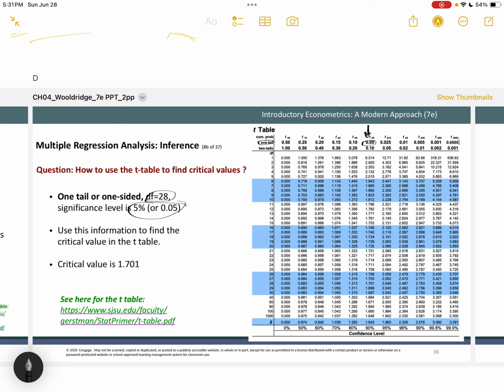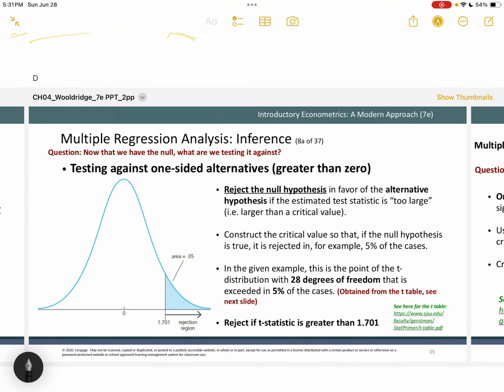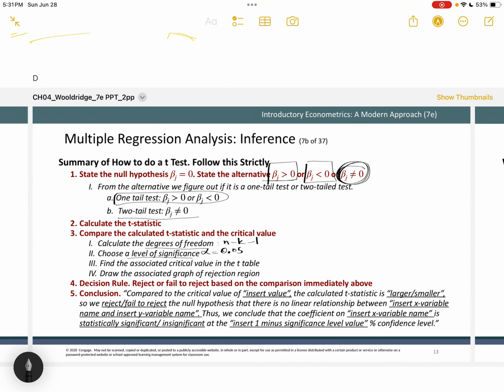So we are dealing with this column. You see that? All right. And degree of freedom is 28. 28 is right here, this row. And they intersect right there. So we have picked out the critical value, 1.701. That's how to pick them out. Let's go back.